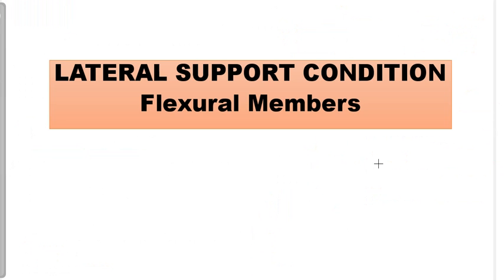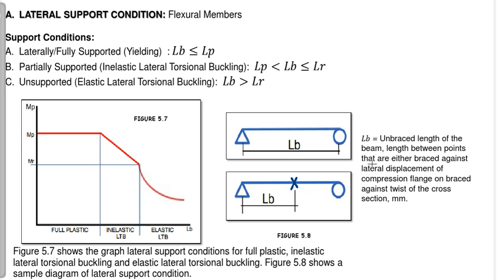Okay, so this is another factor in the analysis of flexural members, yung ating lateral support condition. Okay? So last time, we have discussed how to check the compactness of our section.